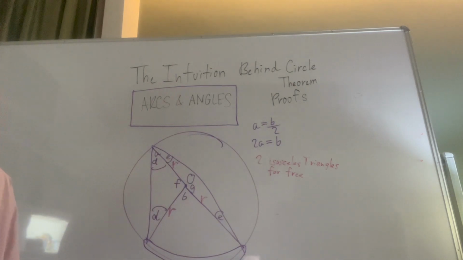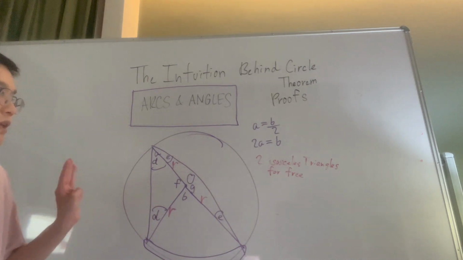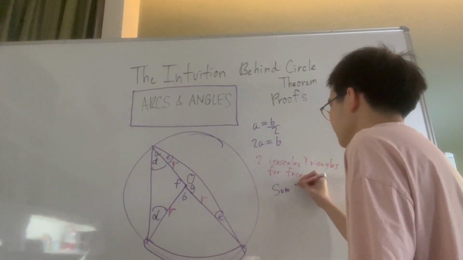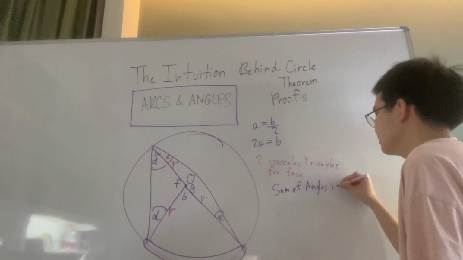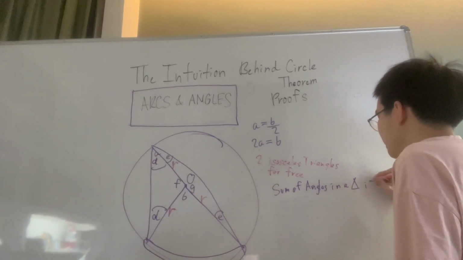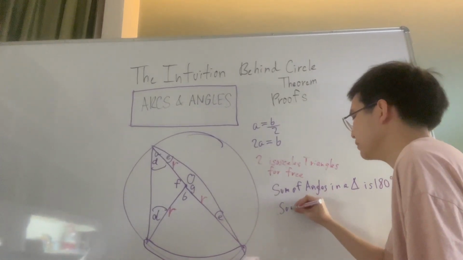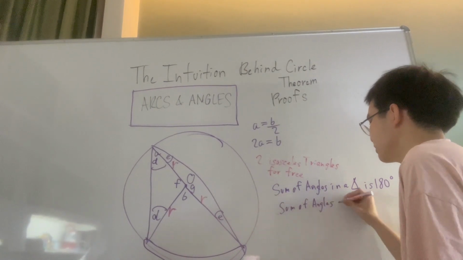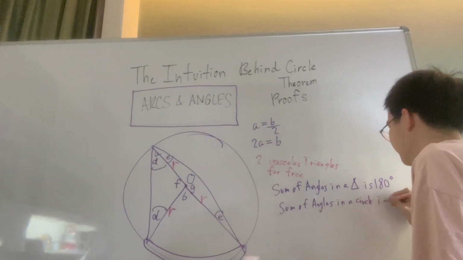And now I'm going to create a system of free equations using the following relations. The relations that the sum of angles in a triangle is 180 degrees, and that the sum of angles in a circle is 360 degrees.